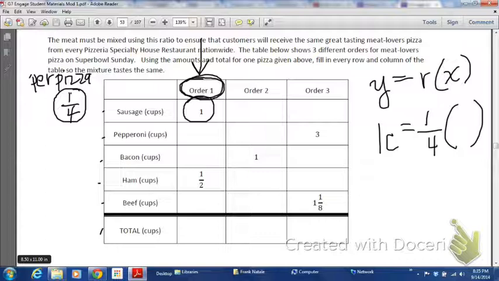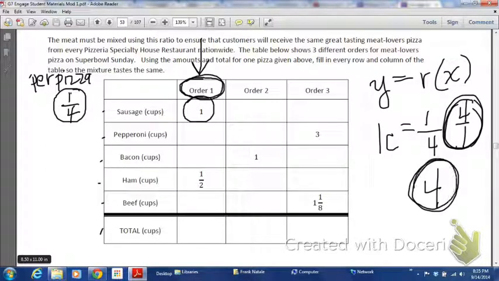We would then go ahead and do our division. And actually, you can look at it pretty closely here. 1/4 times what number is going to equal 1, and of course that's going to be 4 over 1. So we are looking at 4. We are going to use a multiplier of 4 pizzas.